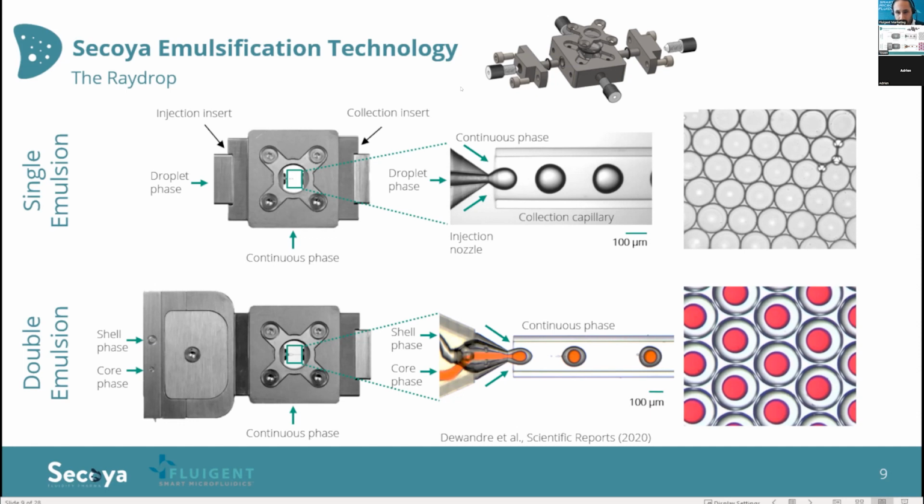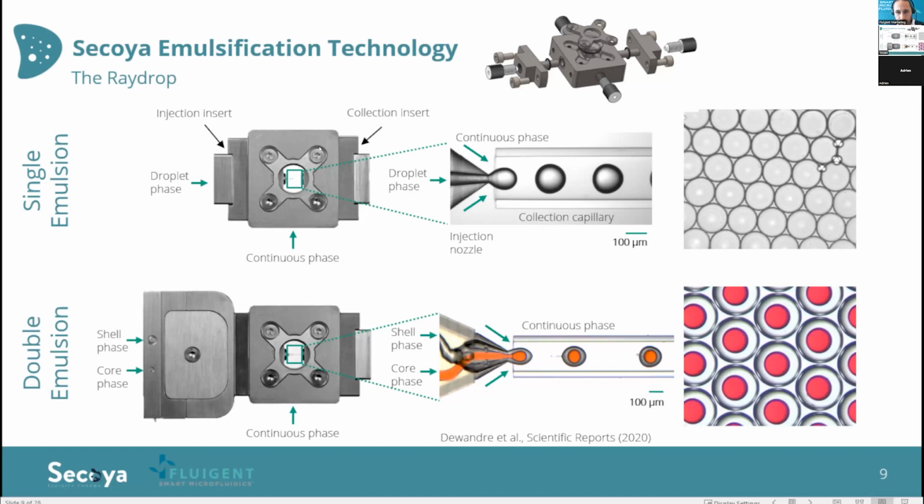The injection insert is connected to the droplet phase, and it is equipped with a 3D printed nozzle attached onto the tip of the glass capillary. The collection insert supports the collection capillary and is the only way out for the fluids, the droplet phase and the continuous phase filling the main chamber.